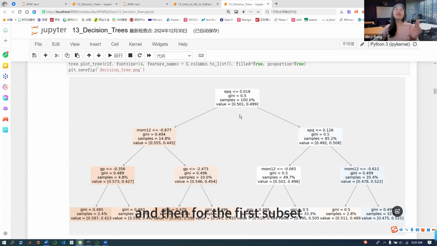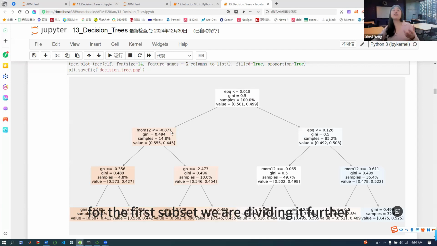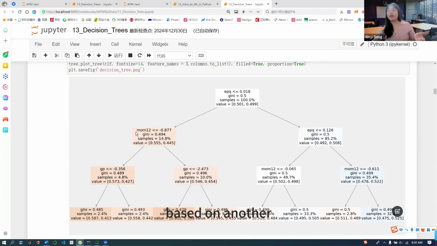For the first subset, which is represented by this internal node here, we are dividing it further based on another feature, and that feature is the 12 months momentum.